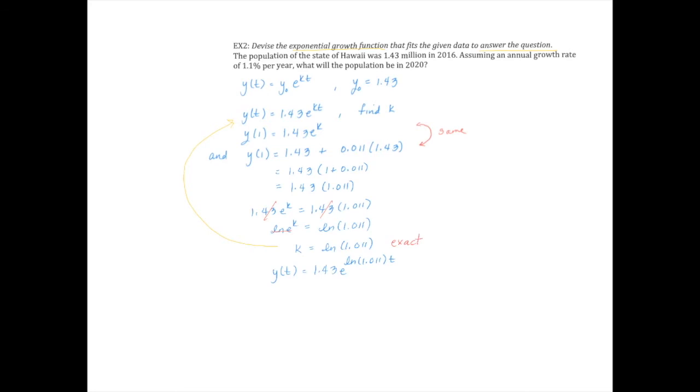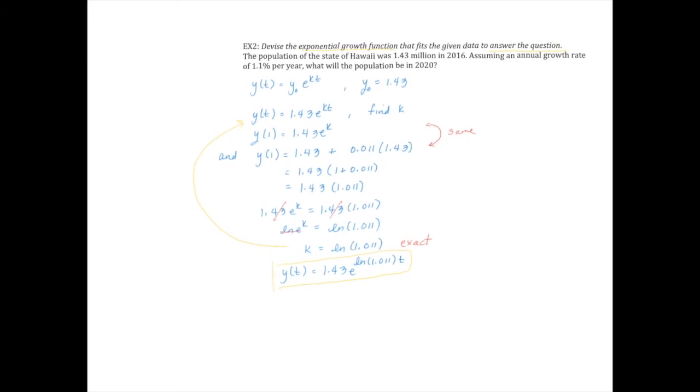Okay, so now we have our growth function. We want to use this function to answer the question. It says assuming an annual growth rate of 1.1%, what will the population be in 2020?